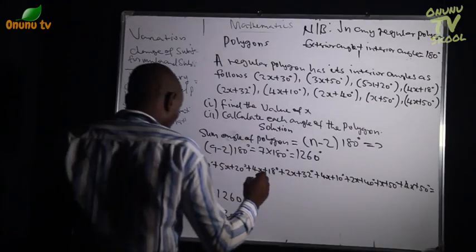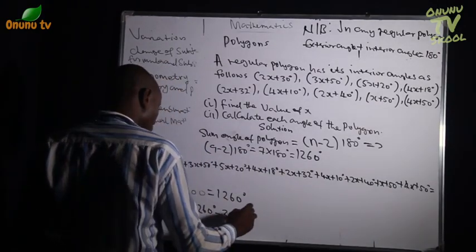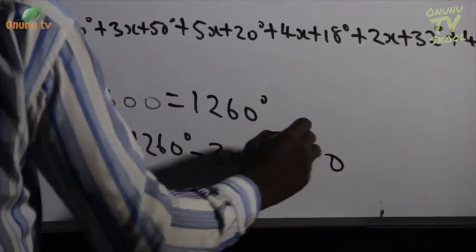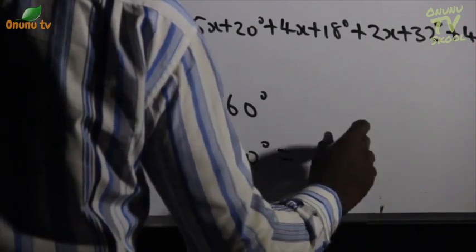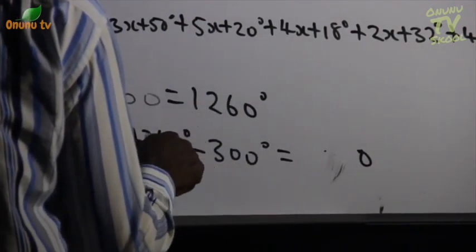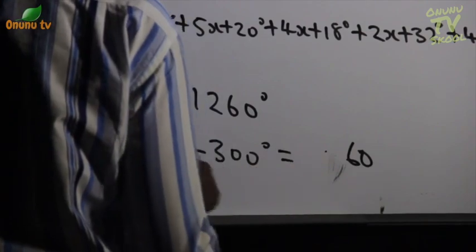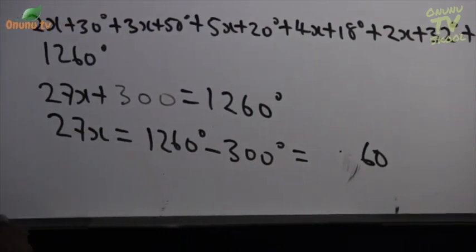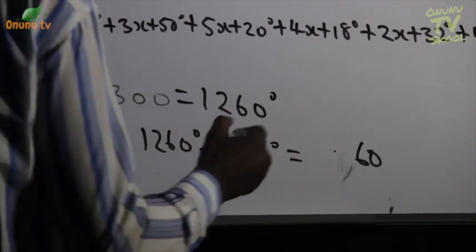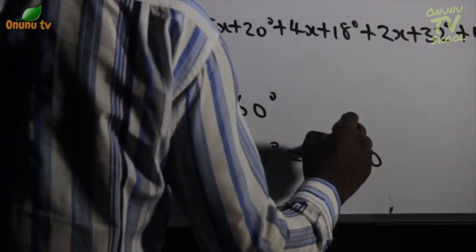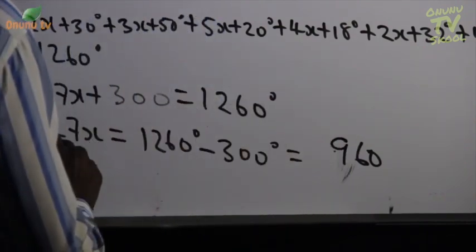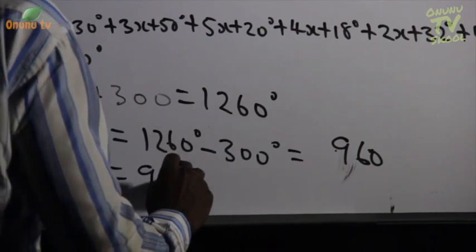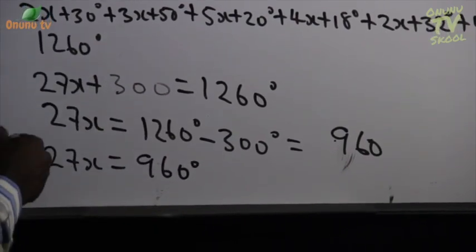Now 1,260 minus 300 is equal to: 0 minus 0 is 0. 6 minus 0 is 6. 2 minus 3 cannot work, so 12 minus 3 is 9. We have 960. So 27x is equal to 960 degrees.